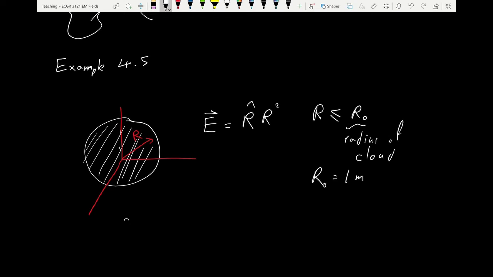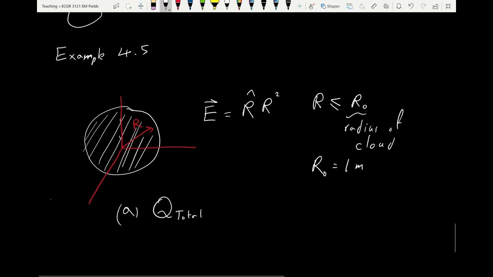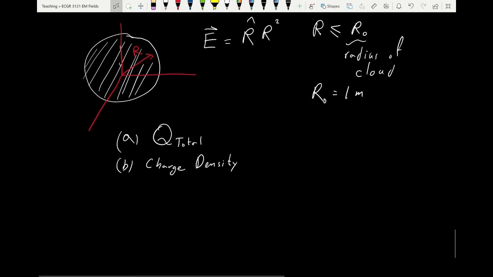Okay, so the problem asks for two things to solve for. We want to find the total charge within the cloud, and then we want to find the charge density. The total charge comes from Gauss's law.